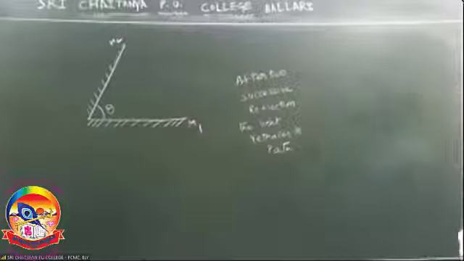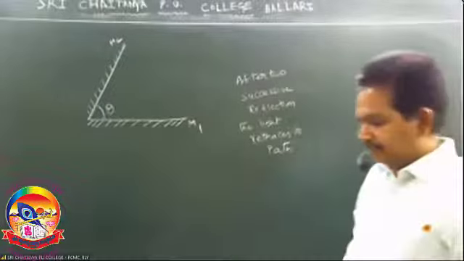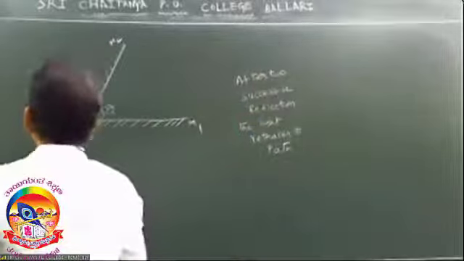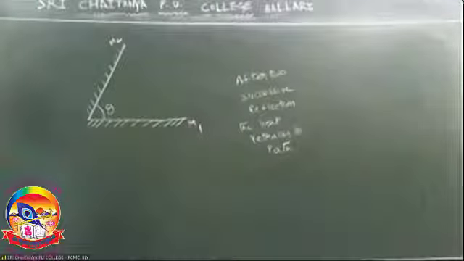Once again, I will repeat. No need to worry. There are two plane mirrors, M1 and M2, which are inclined at an angle theta. After two successive reflections, the light ray retraces its path along the same path.